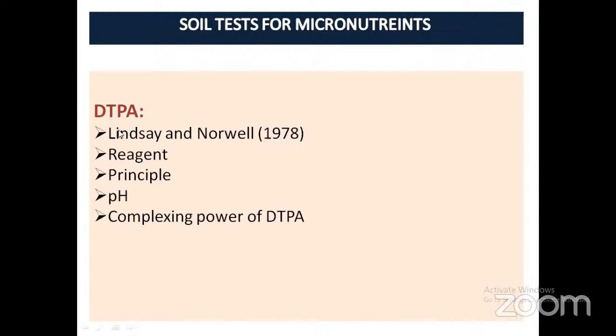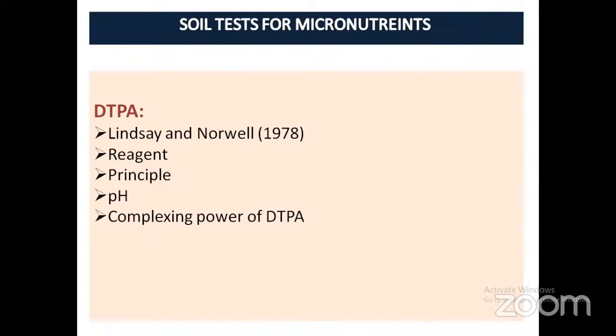And the reagent, it is not only DTPA, there are two other reagent along with DTPA. So reagent you write, this is frequently asked in exam. You write 0.005 molar DTPA plus 0.01 molar calcium chloride dihydrate plus 0.1 molar triethanolamine.